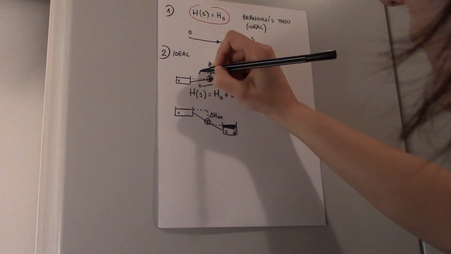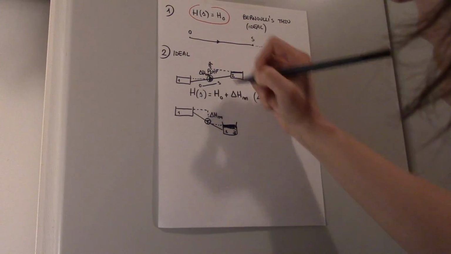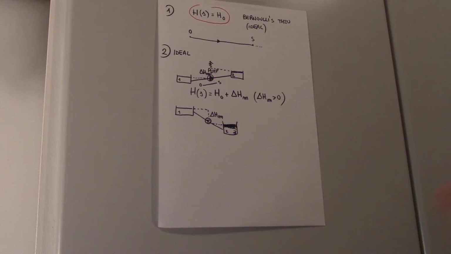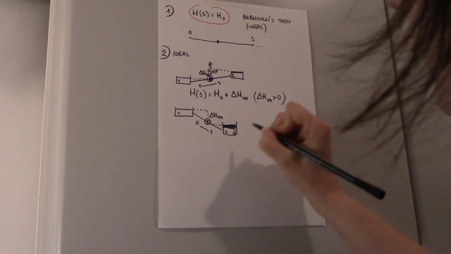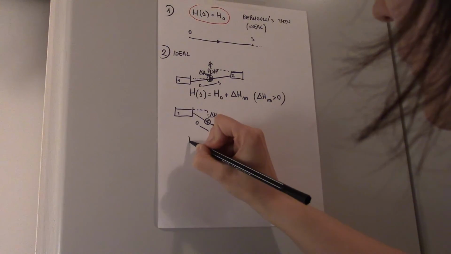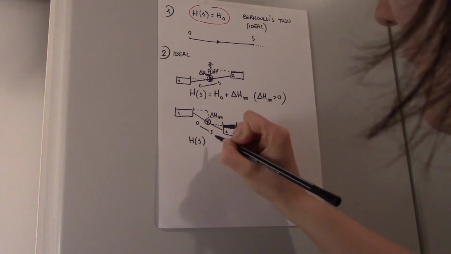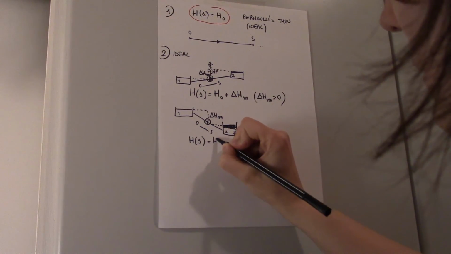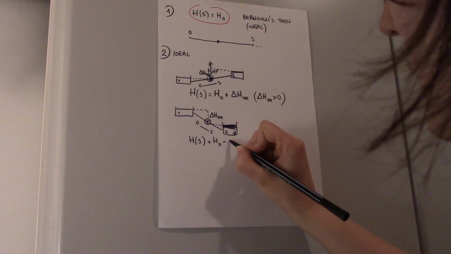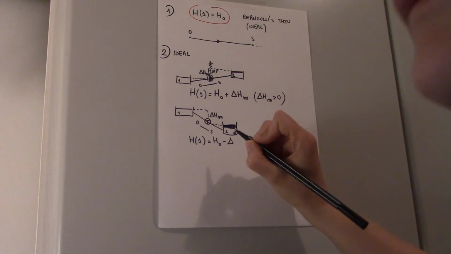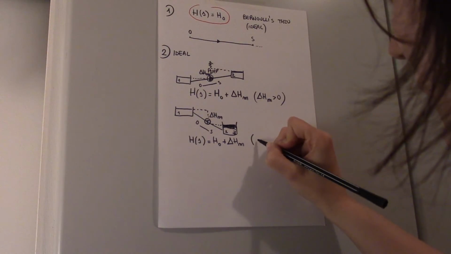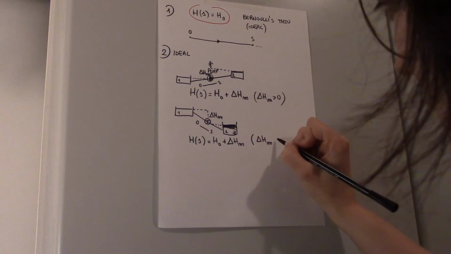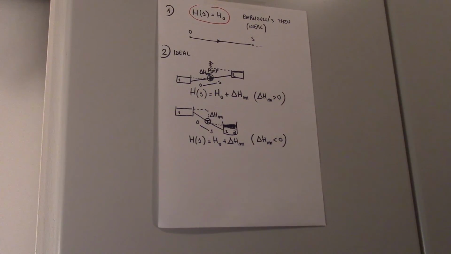So right here it was an increase, right there it will be a decrease. So basically again, if I move from point 0 to point S, I will have that H, the total head in point S, is given by the total head in point 0 plus again delta HM, but in this case delta HM is negative because you take the energy from your fluid.